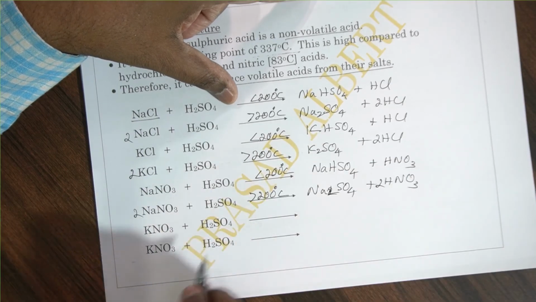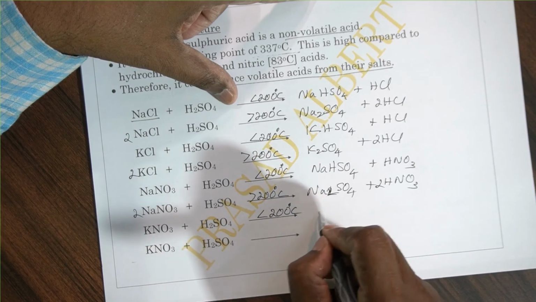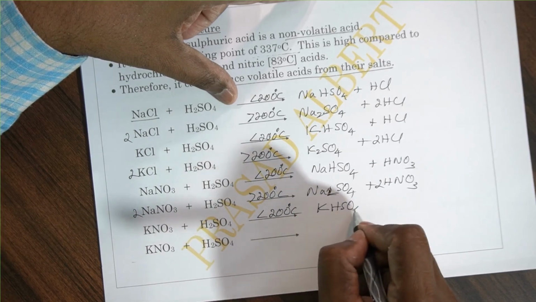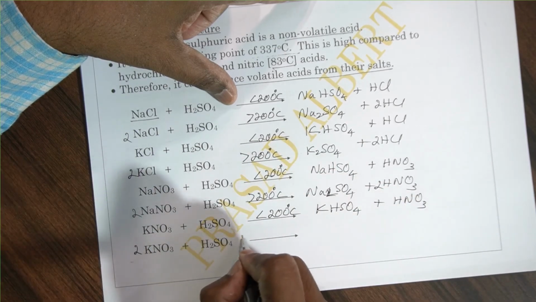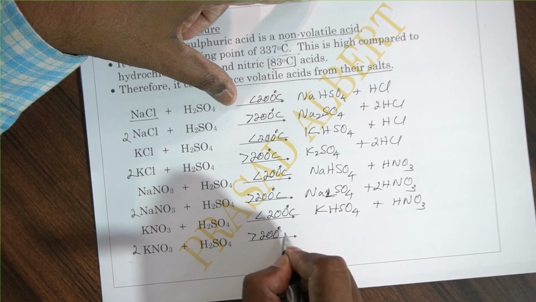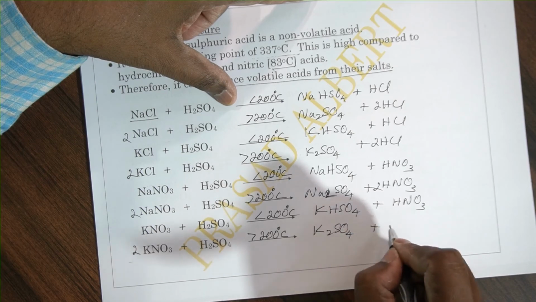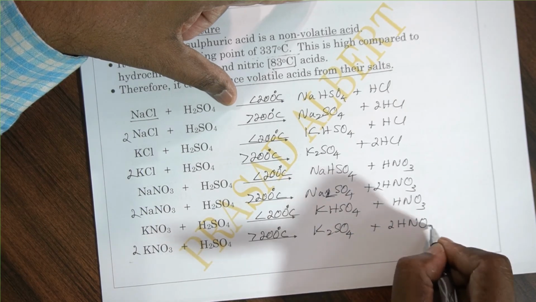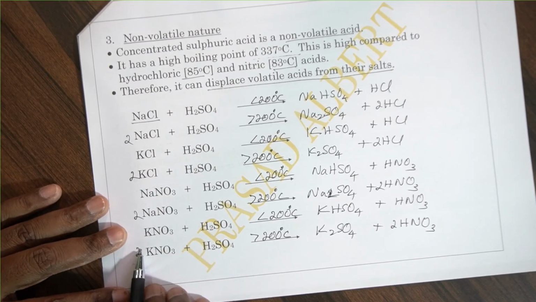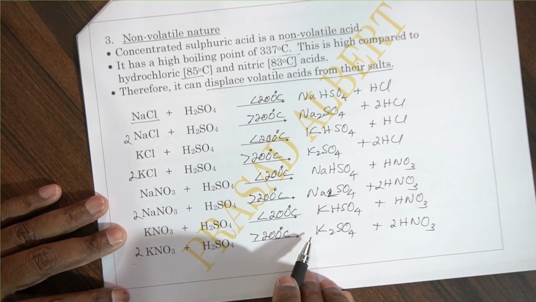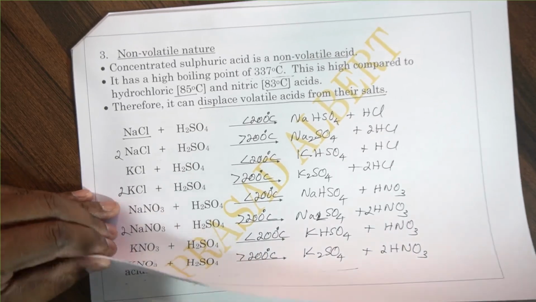Now if you take KNO3 below 200 degrees Celsius, it will give you KHSO4 plus HNO3, and above 200, if you take 2 moles of KNO3, you get K2SO4 and 2 HNO3. So these reactions are displacement reactions, displacement of the volatile acids from their salts using the non-volatile acid. So this is the non-volatile nature of sulfuric acid that we can see.